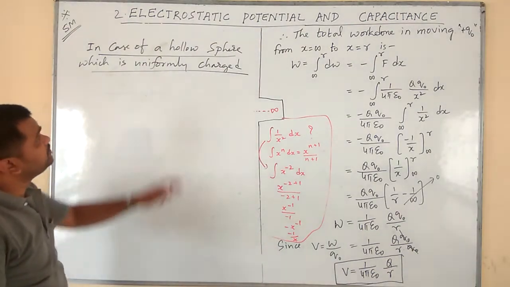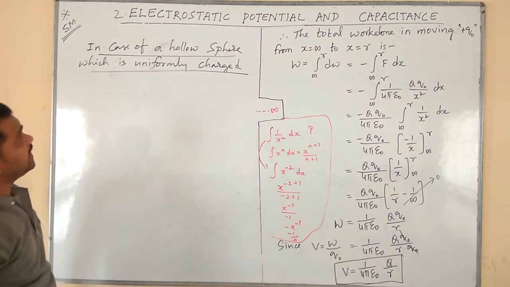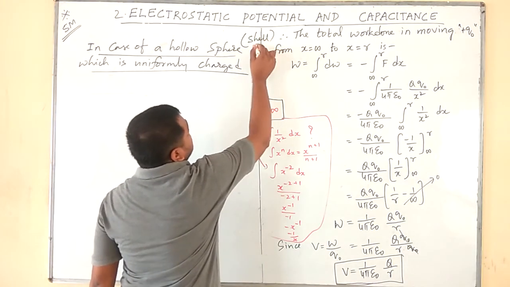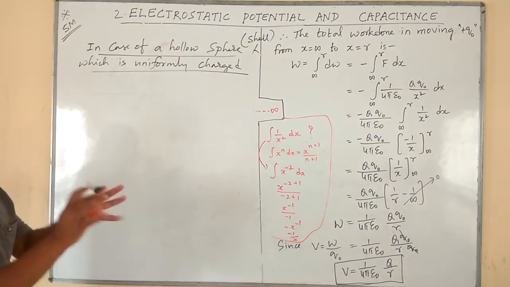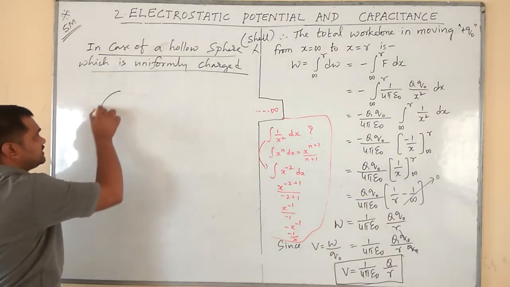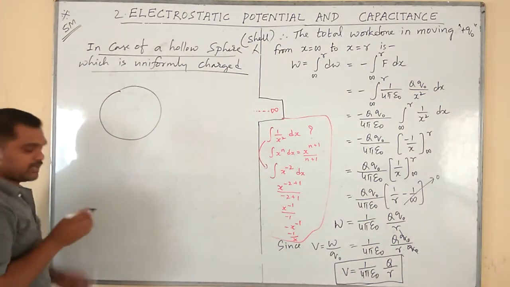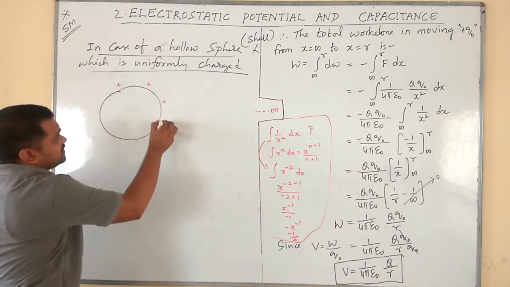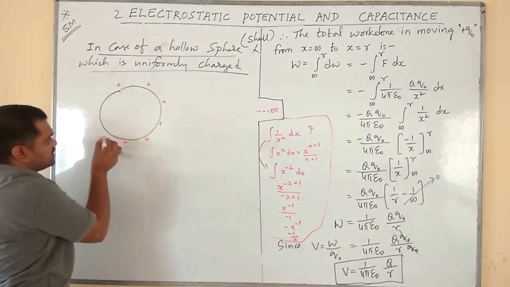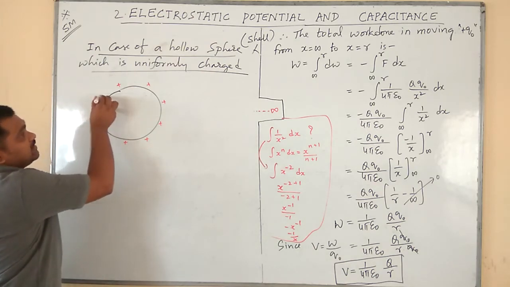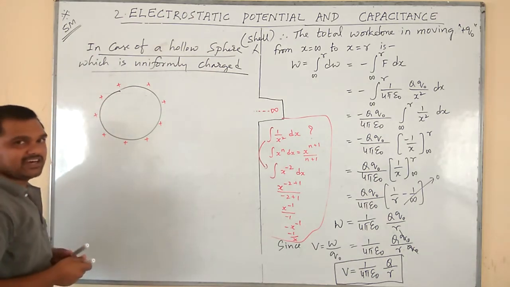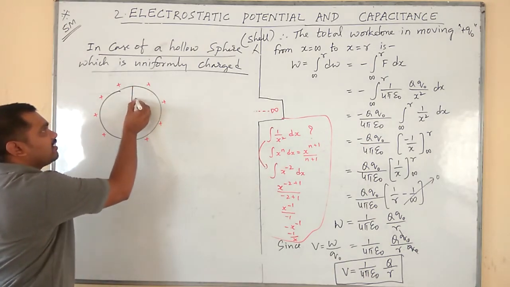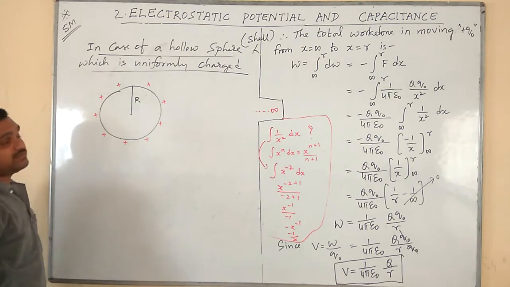Let us consider one hollow sphere, otherwise we can call it a shell, which is uniformly charged like this. Now I will put some positive charges at equal distances so that it means the shell is uniformly charged like that. Let capital R be the radius of this shell.